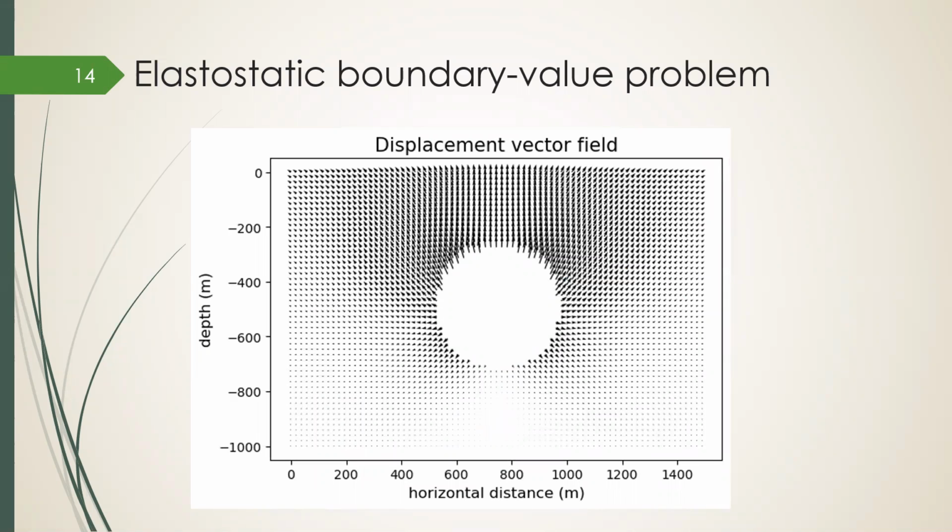Now look at this. Because this is a half space, and this inclusion is relatively shallow, only about 250 meters deep, there's this area of very rapid change between the boundary of the cavity and the surface. That is the most challenging thing about solving this problem.